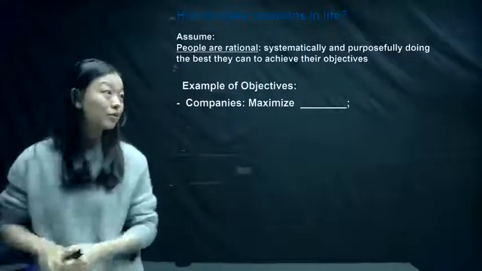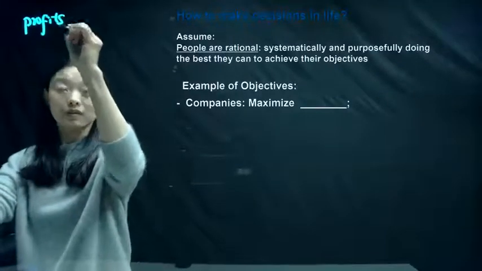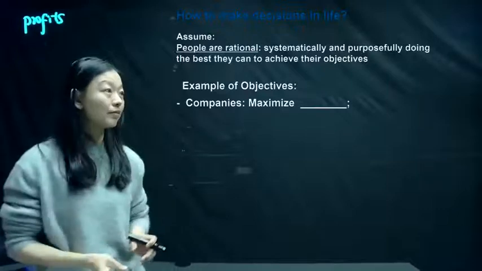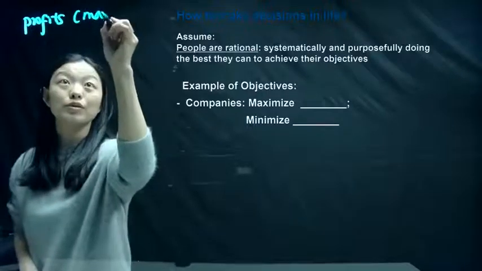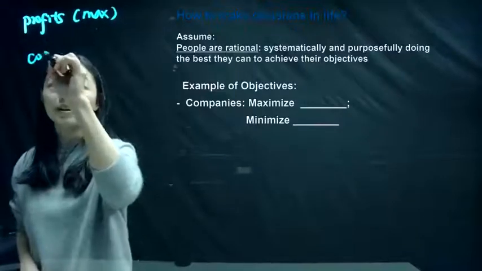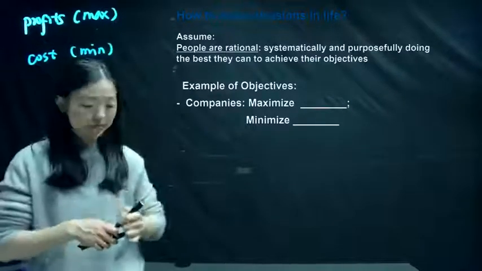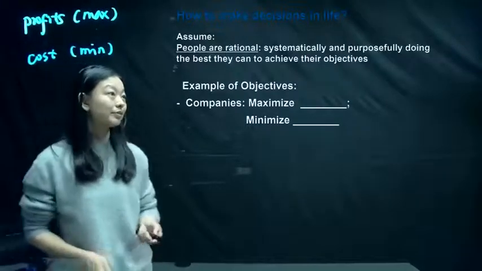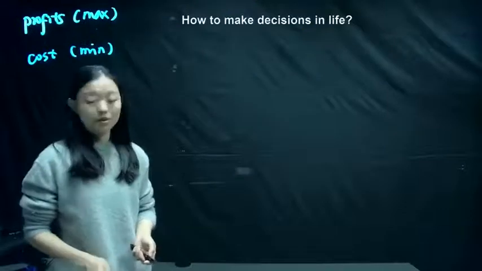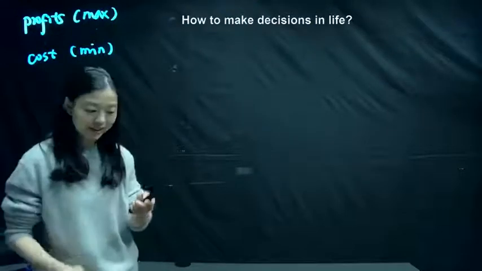So for a firm, try to maximize profit and minimize cost. So this one we try to maximize, and the cost we hope we can have minimized cost. So how do people make decisions in our daily life? That could be our second question, right?